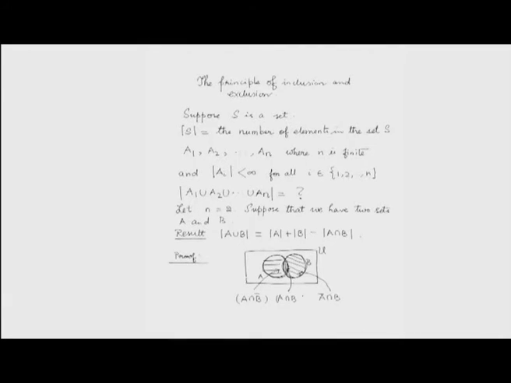On the other hand, we also note that if we take the union of these three regions, then we get the set A union B. Thus, we can say that the cardinality of A union B is equal to the cardinality of A intersection B complement plus the cardinality of A intersection B plus the cardinality of A complement intersection B.